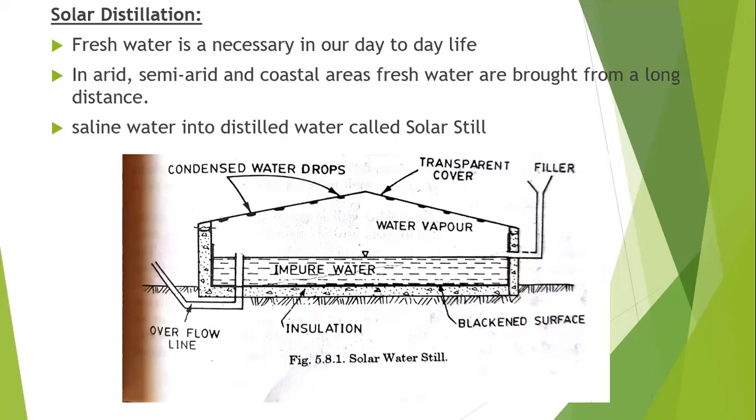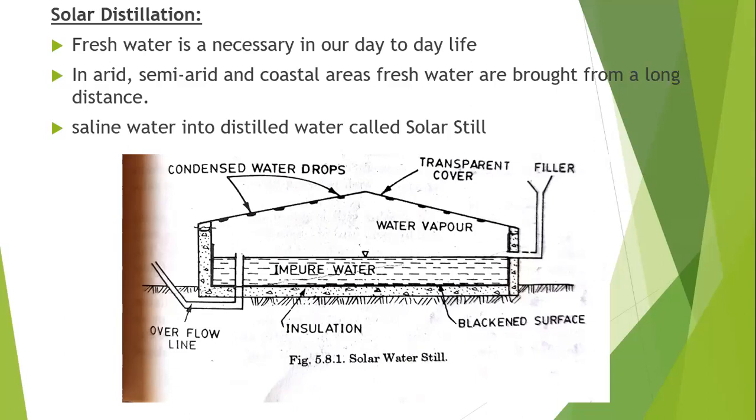Pure water can be obtained by distillation in the simplest solar still, generally known as the basin type solar still, as seen in the figure. Using the distillation process, water heated by solar energy can be made pure.